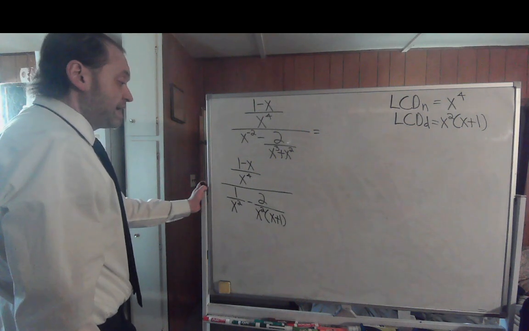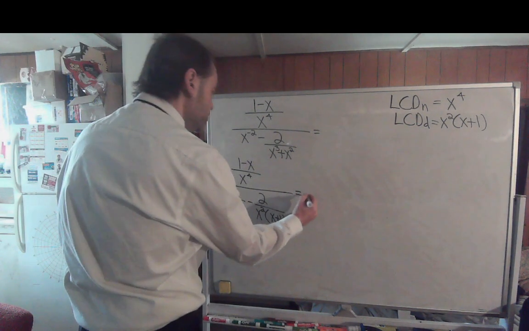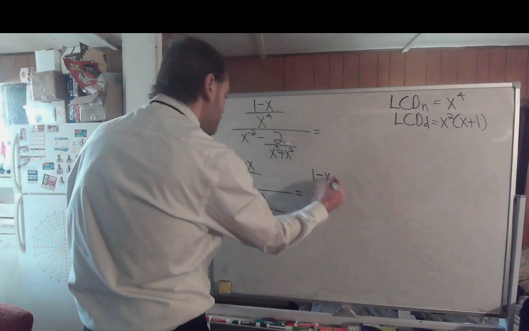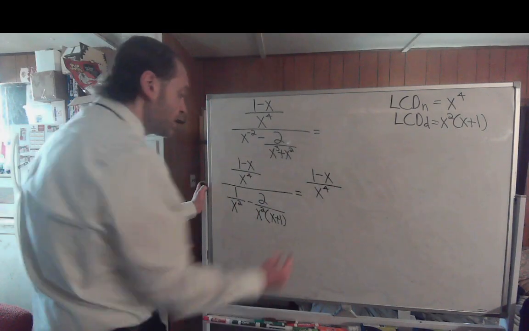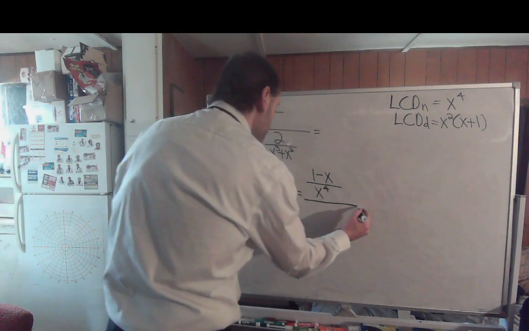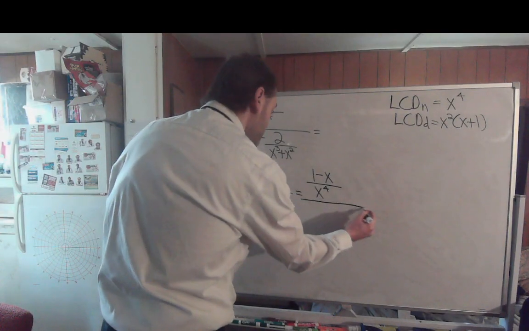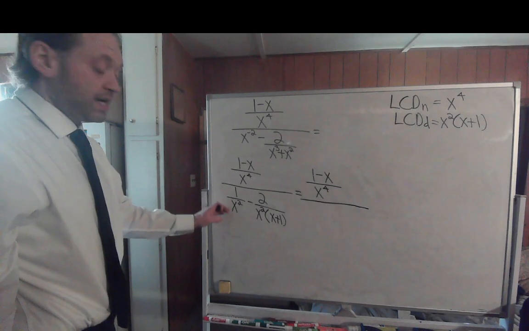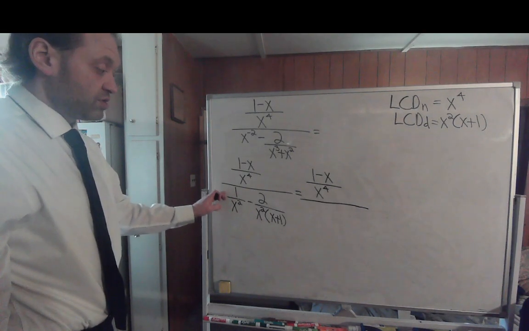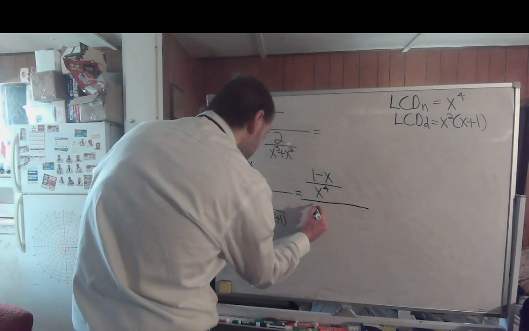Alright, so now let's work on the denominator. The numerator is going to stay the same, the 1 minus x over x to the fourth all over your denominator. Well, you just need to multiply the numerator and denominator of your first term by x plus 1 to get that common denominator.